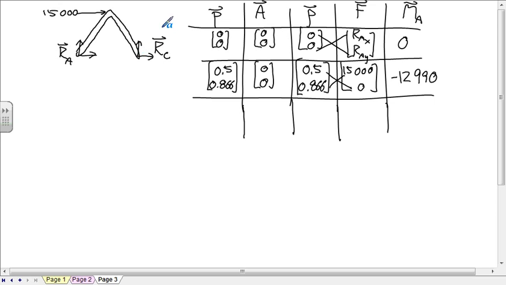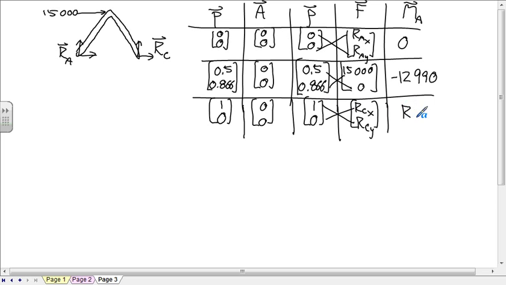And then over at that point C, the coordinates of C are 1, 0. About point is still zeros. And the cross product gives you positive RCY.